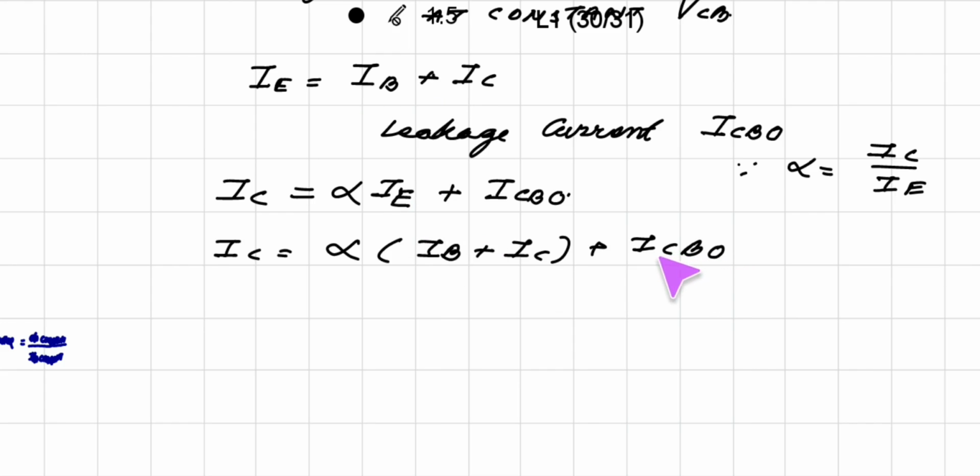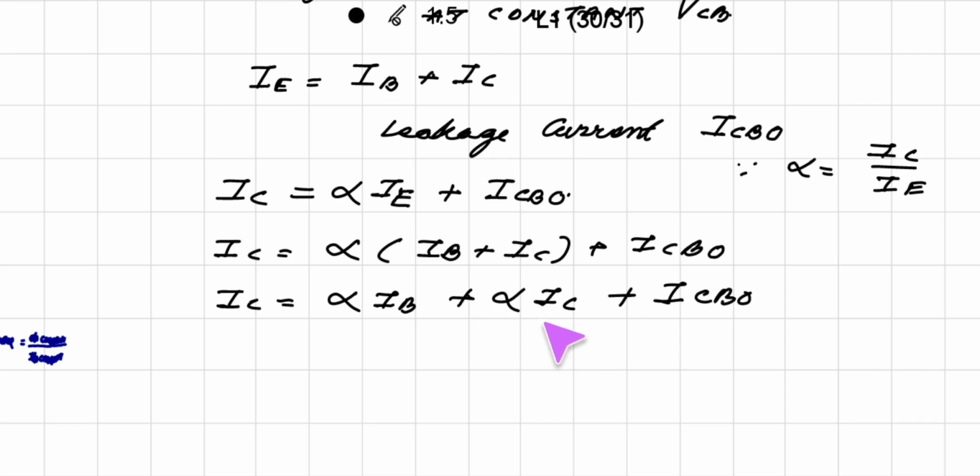So IC is equal to alpha times IB plus alpha times IC plus ICBO. Now this term is brought to the left, that is IC minus alpha IC, equal to alpha IB plus ICBO.